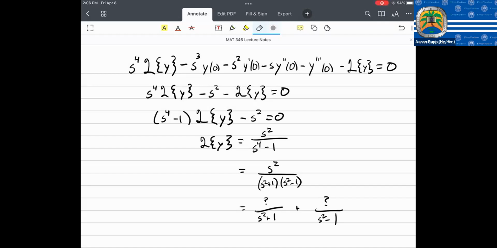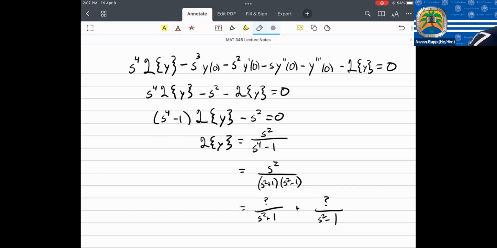So I say, okay, can I look along here and see any parts, any solutions appearing from s squared divided by s to the fourth minus 1?